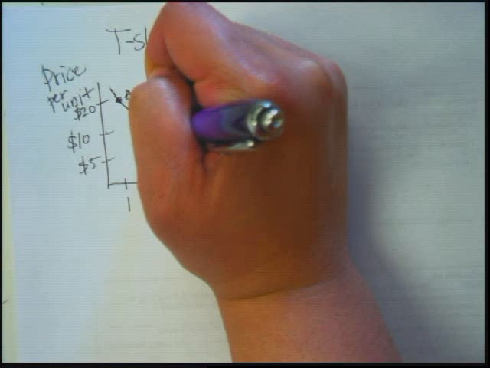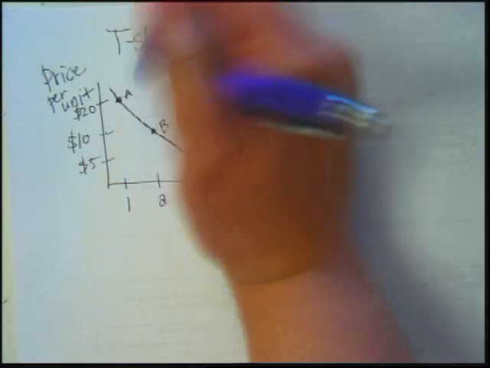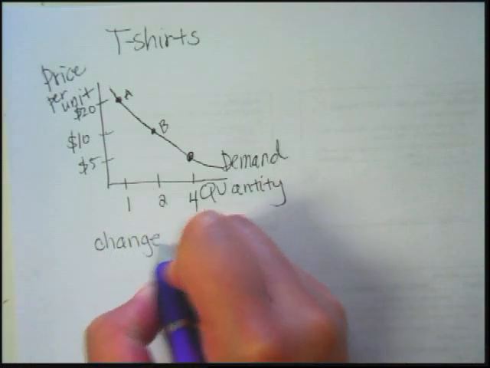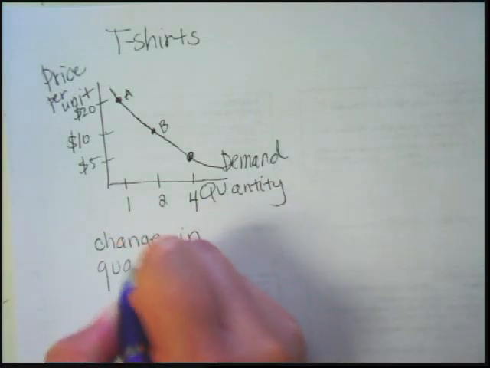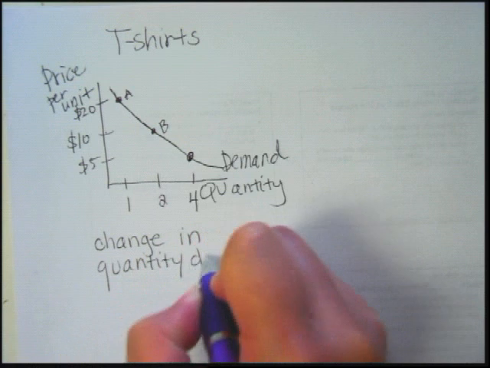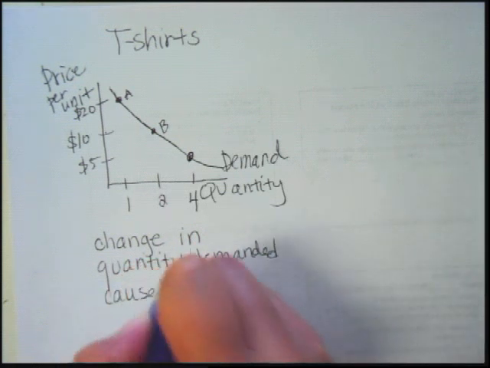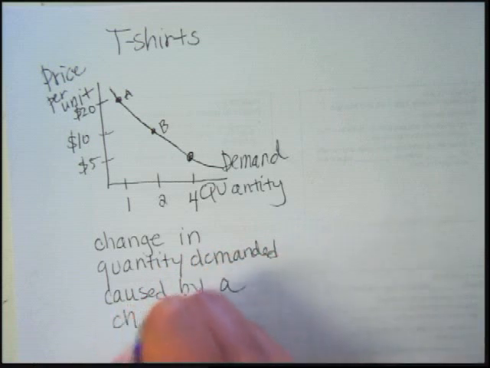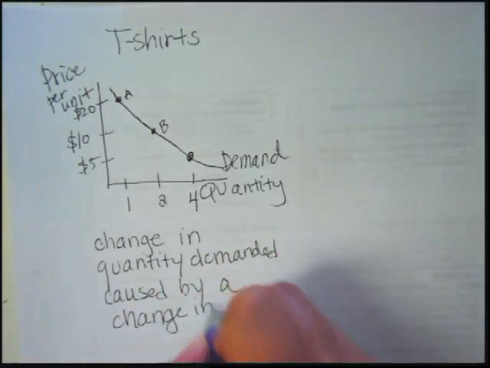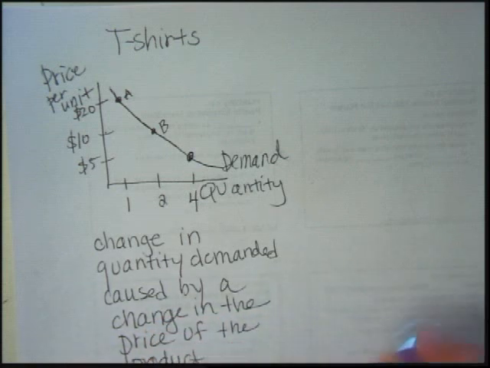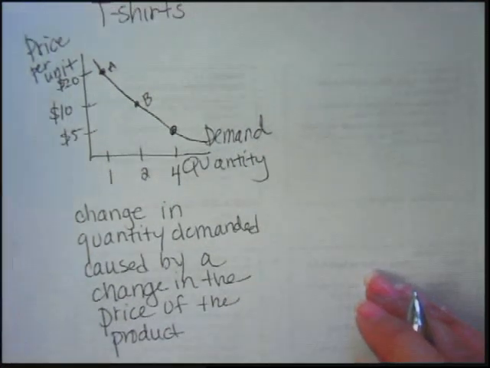Okay, when we're moving from point A to point B, or it could be point B to point A, that's called a change in quantity demanded. And it's caused by a change in the price of the product itself.